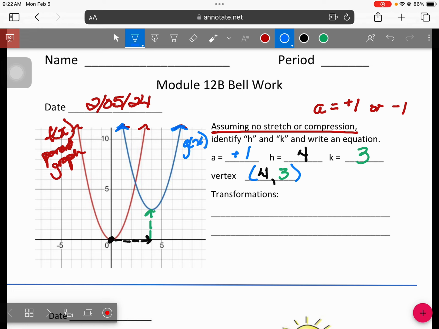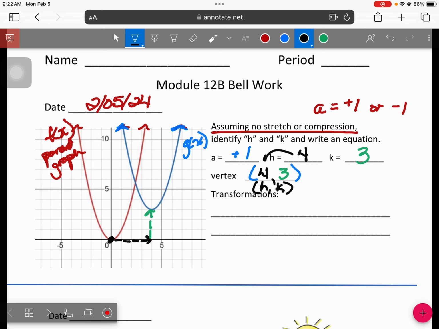I cannot hear you. Speak up. Where did I get H? The vertex, you said. Where did I get the vertex? The vertex is always H, K for the new transformed parabola.